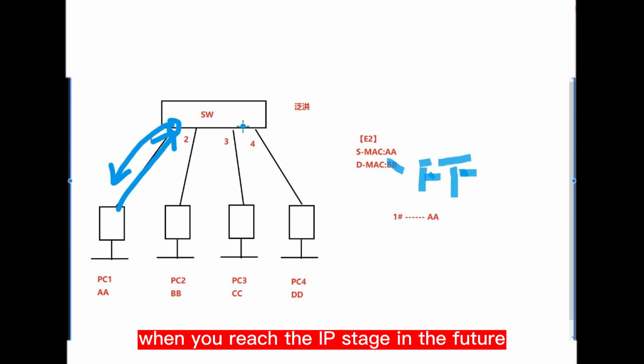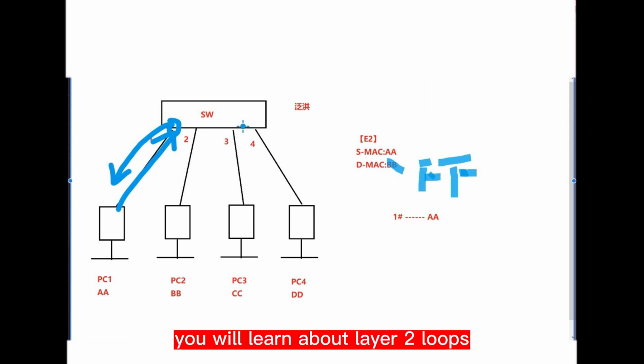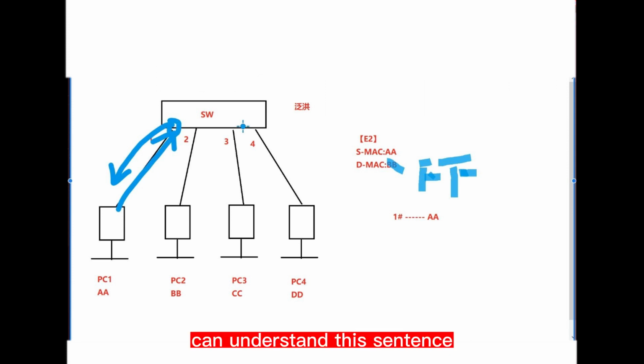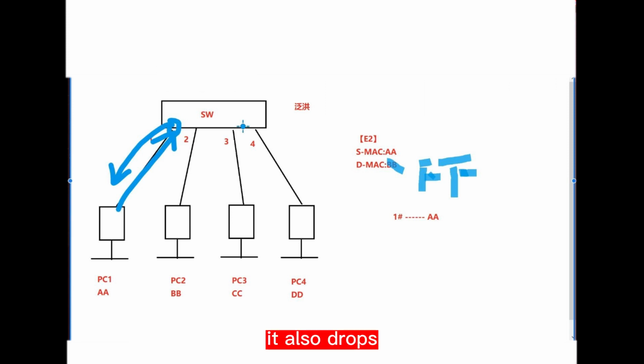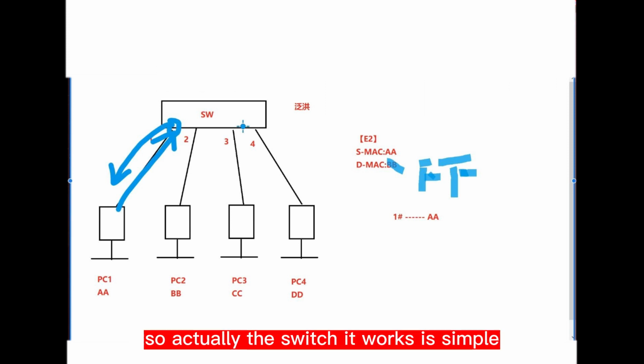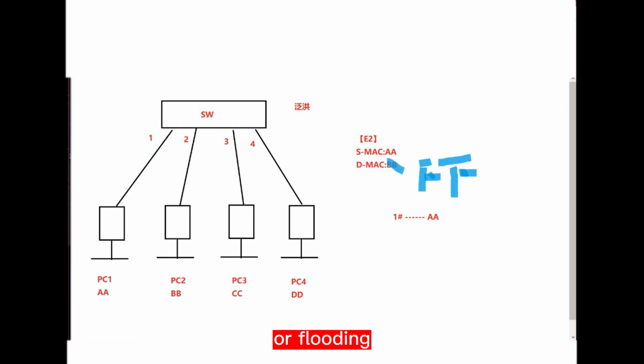When you reach the IP stage in the future, you will learn about layer 2 loops, and when you encounter a loop, you can understand this sentence. Certainly, if it receives a message that fails the layer 2 FCS verification, it also drops it. So actually the switch's work is simple: forward, or flood, or discard.